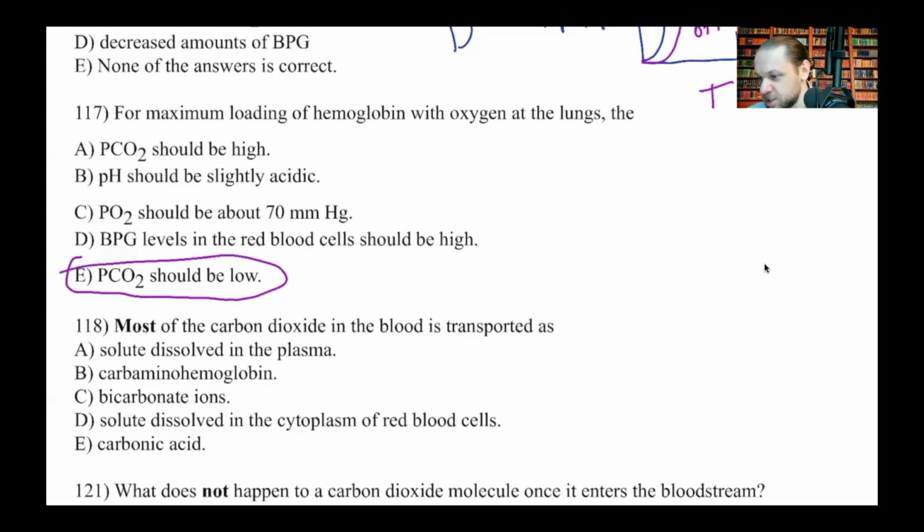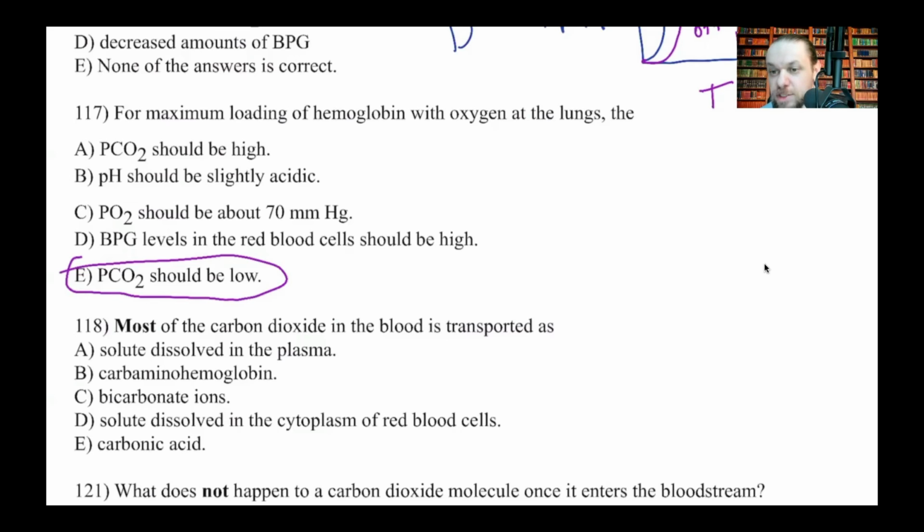This is actually the opposite of the Bohr effect. This is the Haldane effect. I don't want to bring it up because there's just too much stuff for you to remember. But the way it works is, in the lungs, for hemoglobin to load with oxygen, we've got to get rid of that CO2.